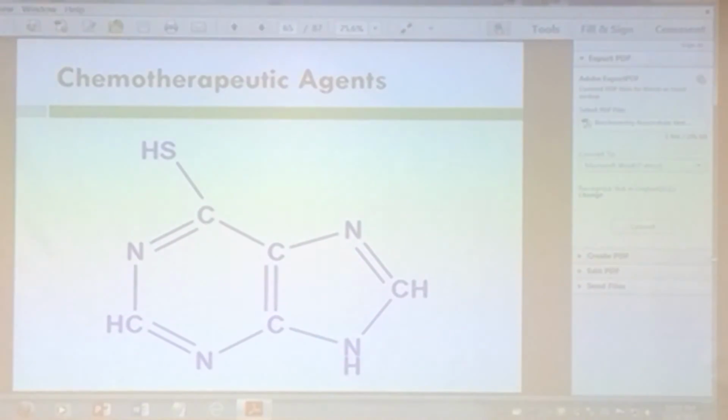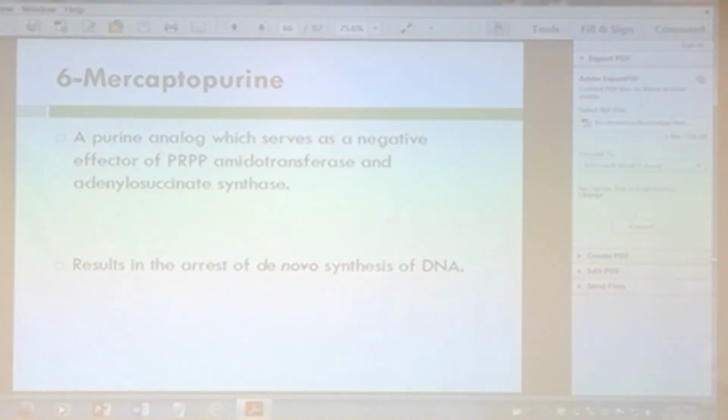This is the 6-mercaptopurine, which serves as a negative effect on the PRPP aminotransferase and adenylosuccinate synthase. So basically, you're stopping the de novo synthesis of the DNA. Right? Basically, you're stopping the purine de novo synthesis and then eventually the DNA synthesis.